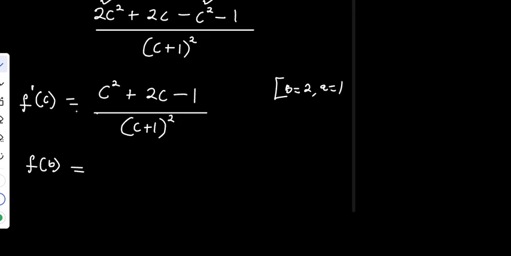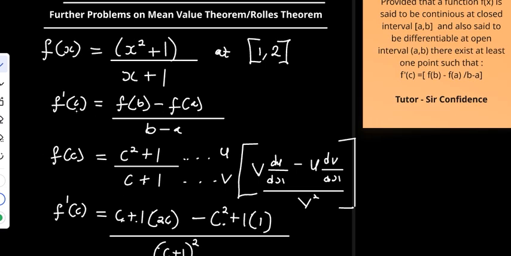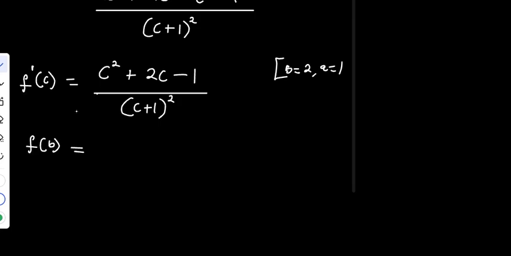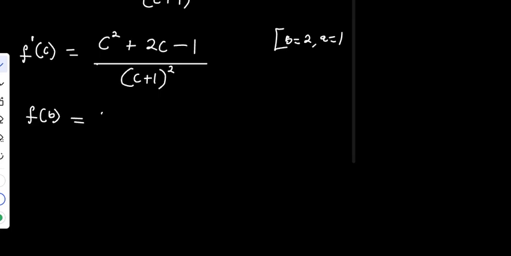So what is going to be f of b? Putting this back into our first equation, f of b is going to be 2 squared plus 1 divided by 2 plus 1, and f of b is going to be 5/3.